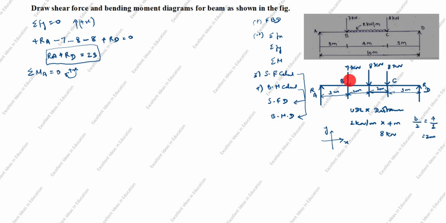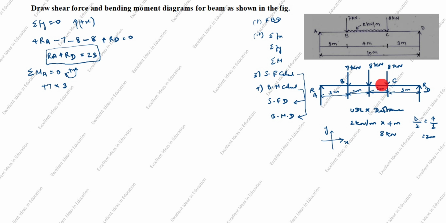Next, we will take moment about B. From here to here, you see the arrow comes down. Down goes clockwise, which is positive. Plus 7 into... What is the moment formula? Force into perpendicular distance. What is the distance? 3.